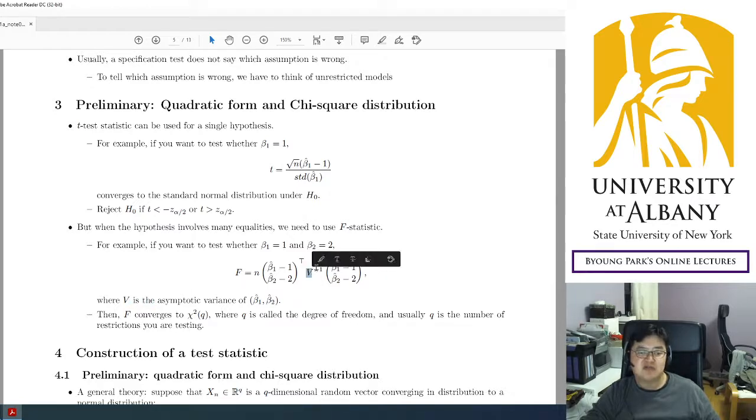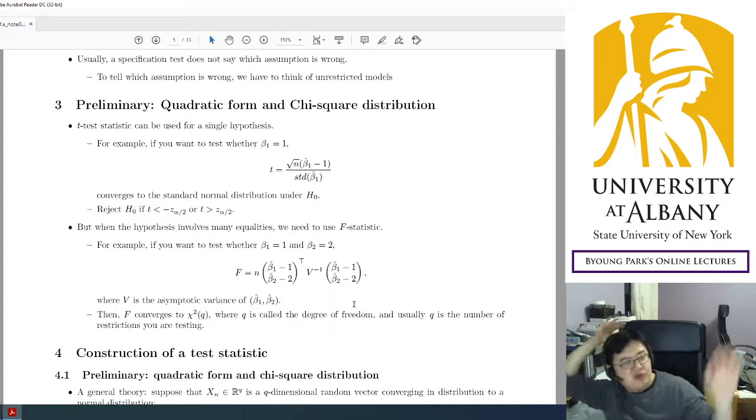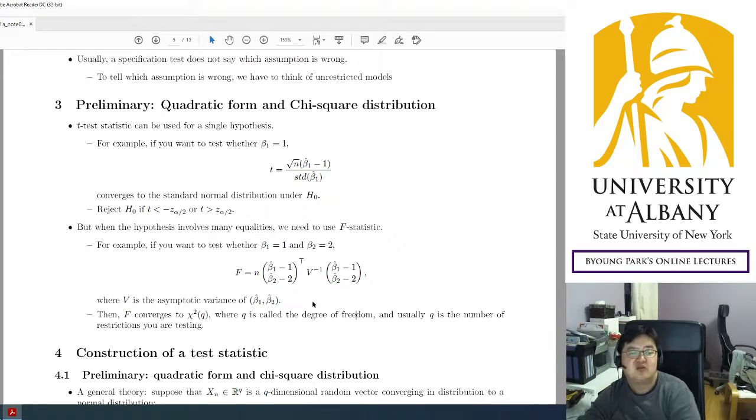So variance inverse is multiplied, and this is the conditions you expect to be true. So if you think this is close to zero under this hypothesis, this is exactly the same structure of the GMM distance. So most, maybe all, the tests can be formulated in that way. I'm going to use this form.